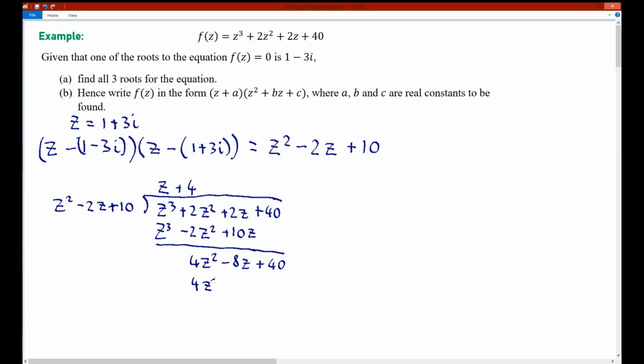So therefore, multiplying 4 by the quadratic gets us, unsurprisingly, exactly what we just had, which takes away to make 0, which is good because it means that indeed the factors we have found are actually factors, but more importantly, it tells us the last factor is z plus 4. And therefore, we know the last solution is just, of course, z equals minus 4.